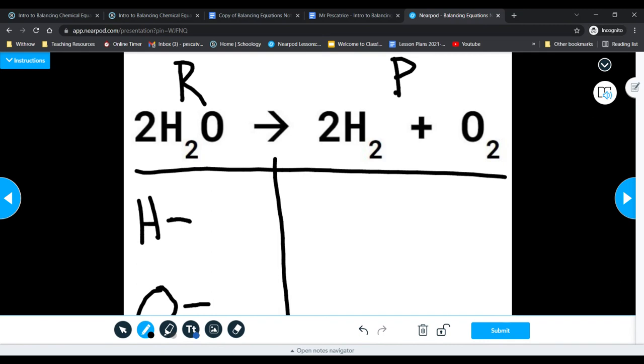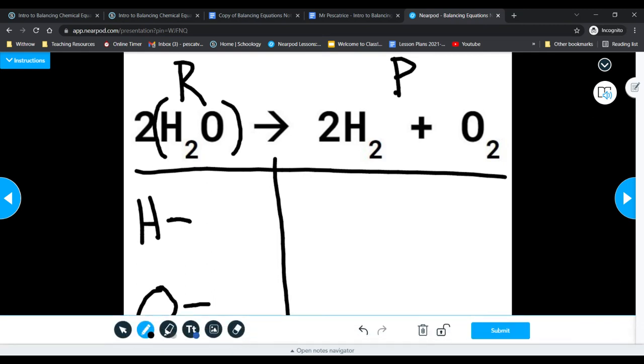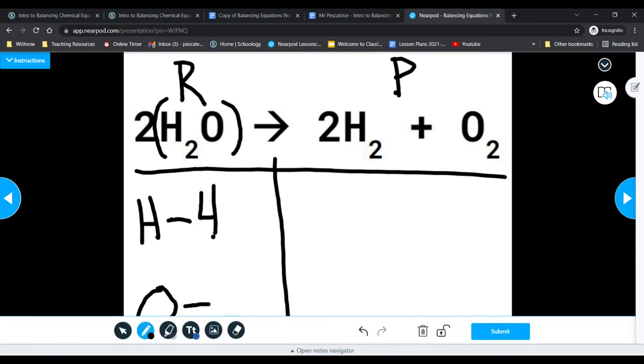So this 2 says that you're multiplying this by 2. So you have 2 sets of H2O. So 2 times 2 sets makes 4 hydrogens. 2 times 1 set of oxygen makes 2.